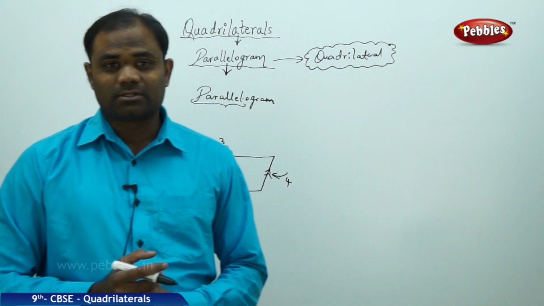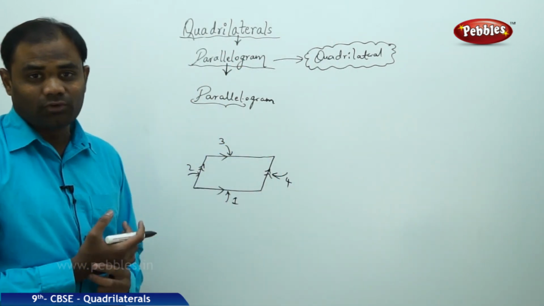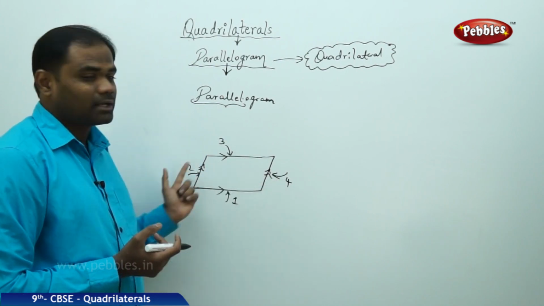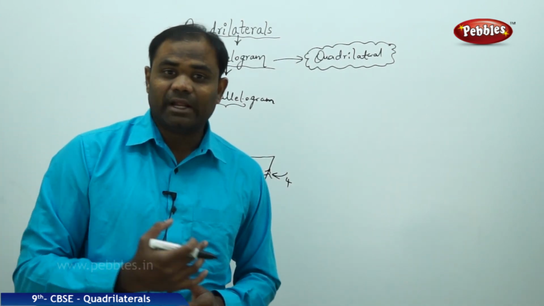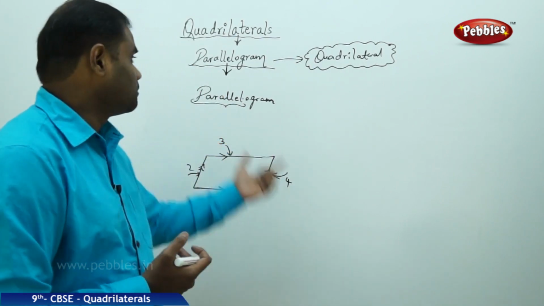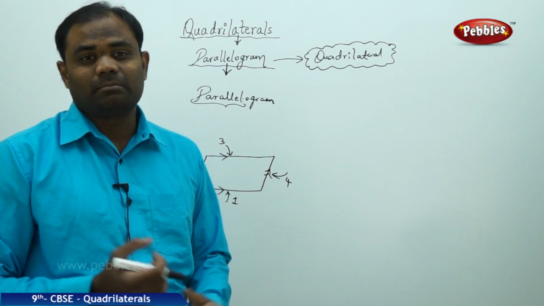Both pairs are parallel, and thus a quadrilateral formed with pairs of parallel lines forming a closed region is given the special name parallelogram.